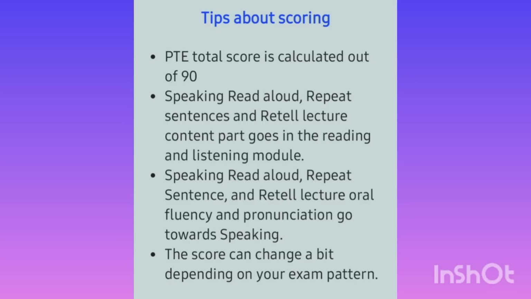The score can change a bit depending on your exam pattern. So, for example, if you leave the paper blank in the exam, still you will get 10 marks in the PTE exam. So that's how the scoring system works.